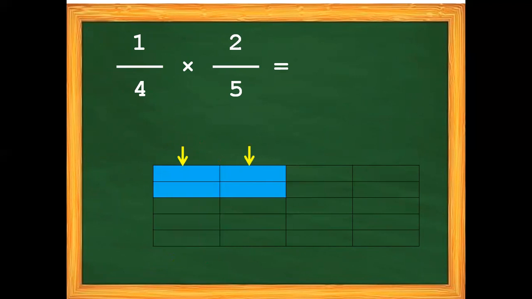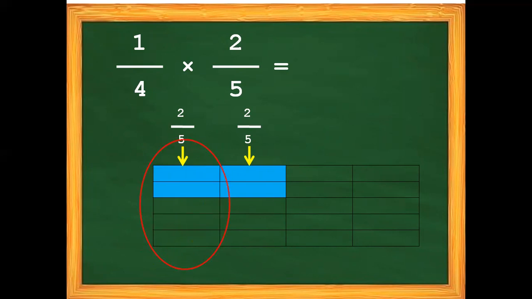Next, using the same rectangle that is divided into 4, we divide it again into small parts to represent 2/5. We have two groups of 2/5. So we shaded two parts to represent 2/5, right?